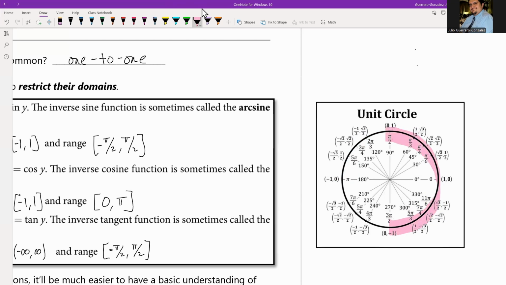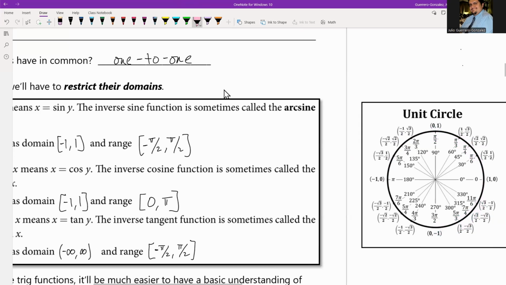Outside of this, your tangent values start to repeat again. That's the easy way to explain. That's actually the entire way to explain why we have to cut away the rest of the unit circle so that sine inverse, cosine inverse, and tangent inverse become one-to-one. So we do have inverses.